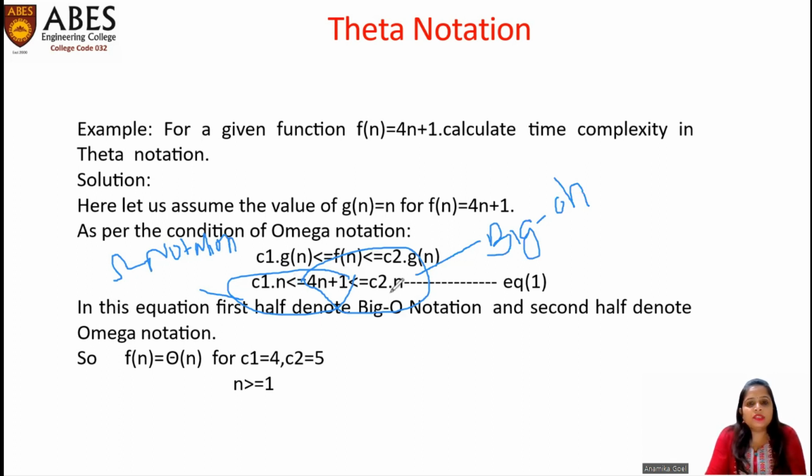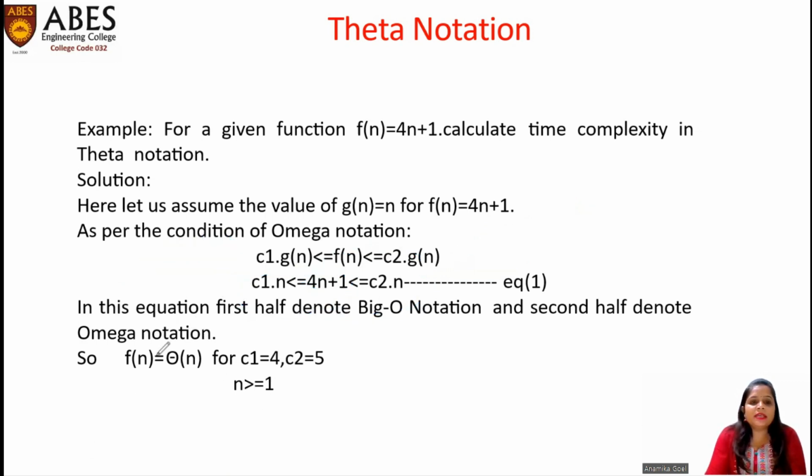So theta notation is the combination of omega notation plus big O notation. In this equation, we can say that in theta notation, f of n is equal to theta of n for c1 equal to 4, c2 equal to 5 and n greater than or equal to 1.